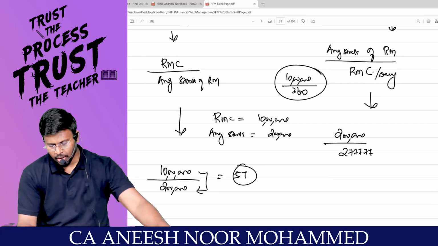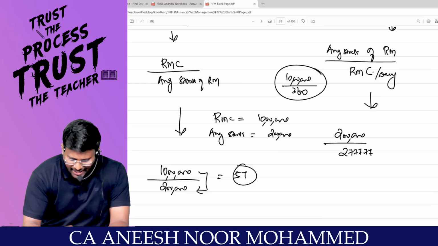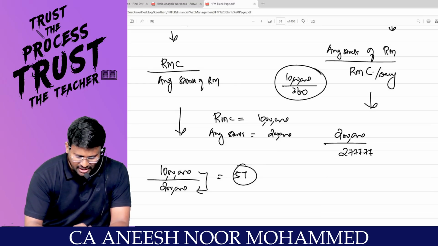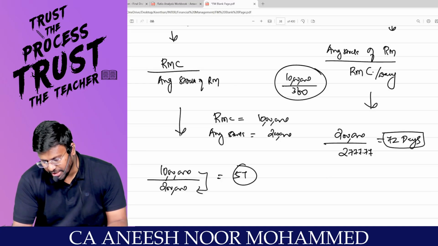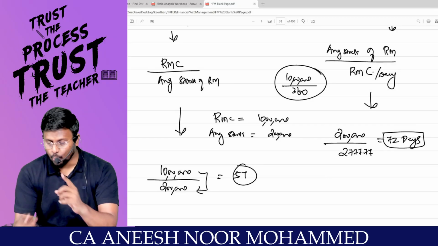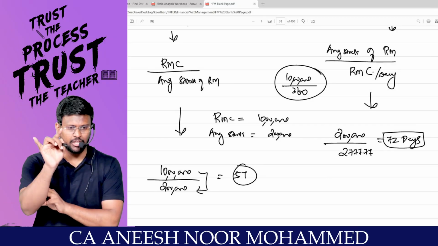So, calculator, man. 2 lakhs divided by, please put the full figures, then only you will get the full answer. 2 lakhs divided by 2777.7 comes to 72 days. So, between one round of activity, raw material was there in the stores for 72 days.